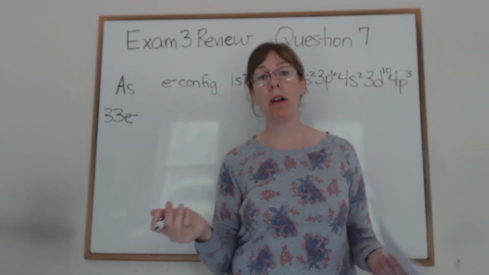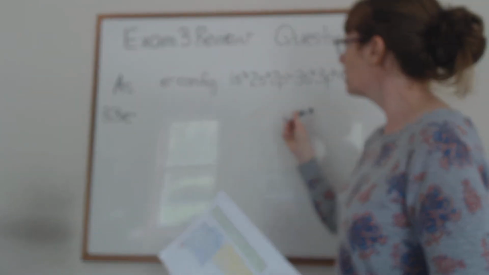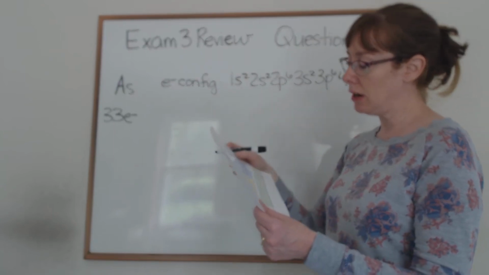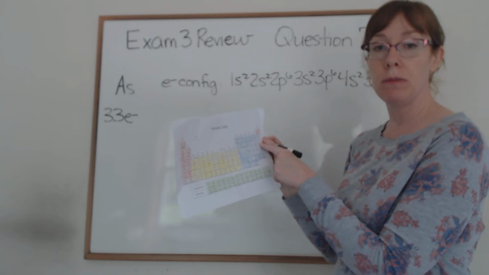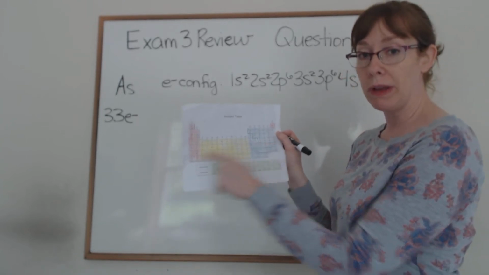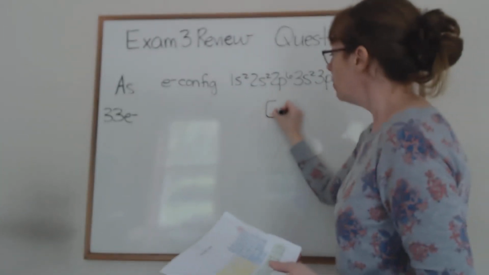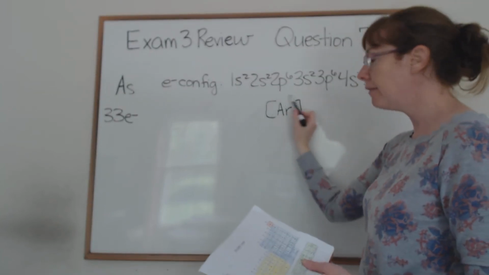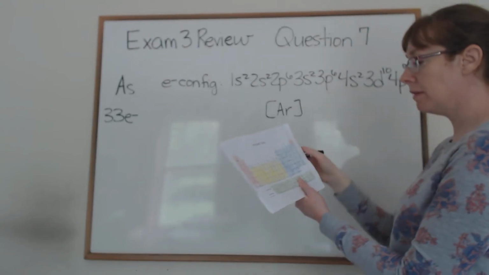Now, one of the things that I did not cover in my videos was the noble gas abbreviation. Part of the reason is that I don't want you to use it. I'll just mention it here. You find the noble gas that comes before the element. For arsenic, the noble gas you reach before it is argon. You put that in brackets, and that basically says, including all the electron configuration of argon, just continue on from there.